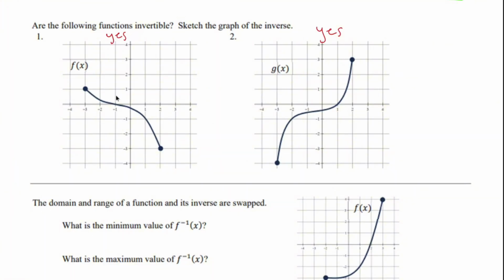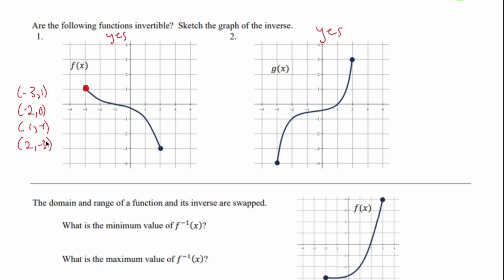So what we're going to do is, if y equals x, that means x equals y. I'm going to take f of x and find some key points there, like -3, 1. Let me see, -2, 0. Points that I can definitely look at. That looks like 1, -1. 2, -3.